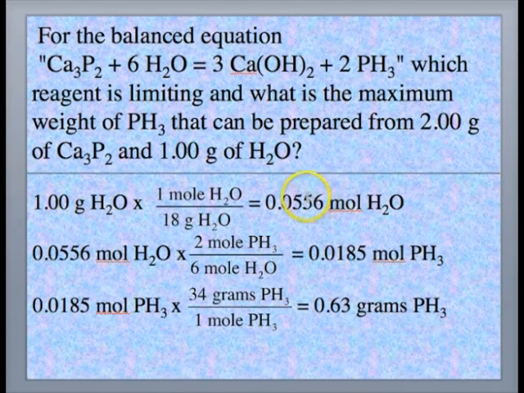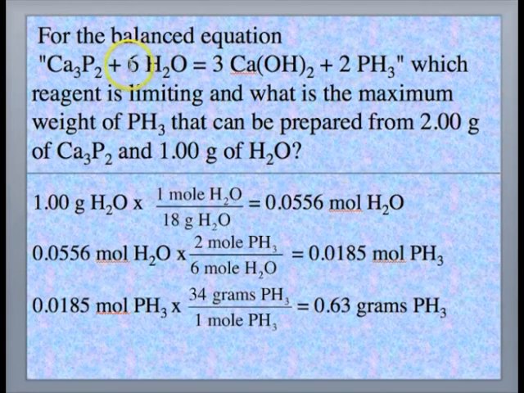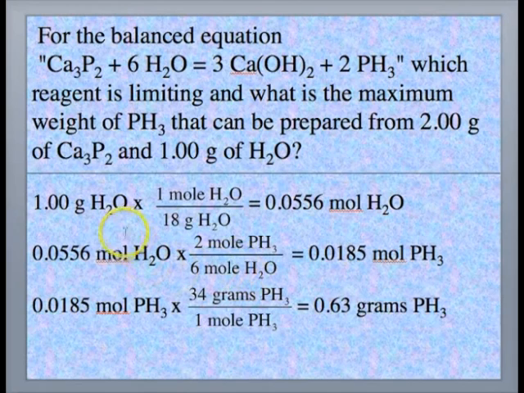Here's our original moles of water. We use the balanced equation to go from moles of water to moles of phosphine. It's a 2 to 6 relationship or 6 to 2 relationship. 6 moles of water goes in the denominator, so it'll cancel out. 2 moles of phosphine are in the numerator.